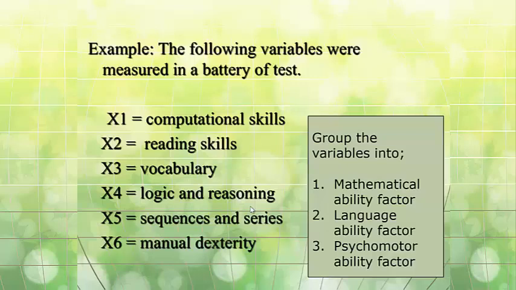So if you group the variables, you have a mathematical ability factor, language ability factor, psychomotor ability factor. So in educational measurement, we shall be concerned with indicators, variables, and factors of interest in the field of education.